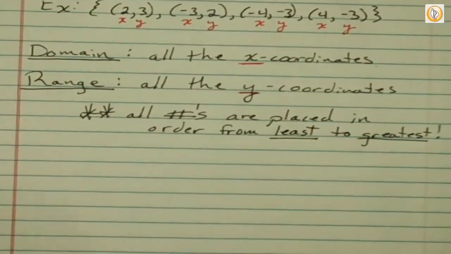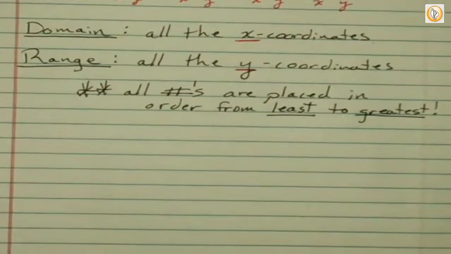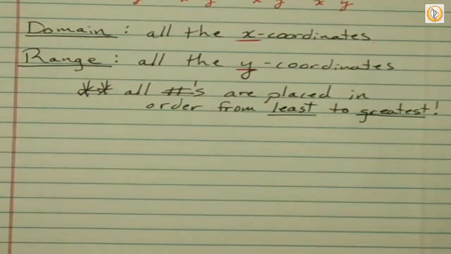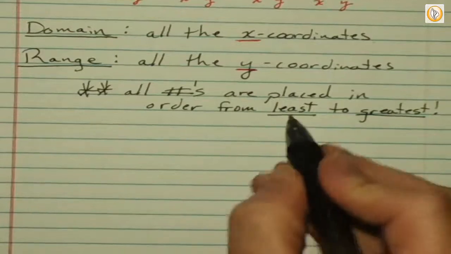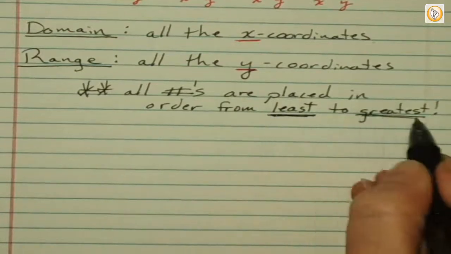All numbers are placed in order from least to greatest. So when they ask you to list the domain or the range, you need to put them in order from least to greatest.